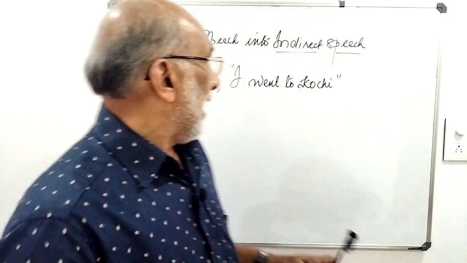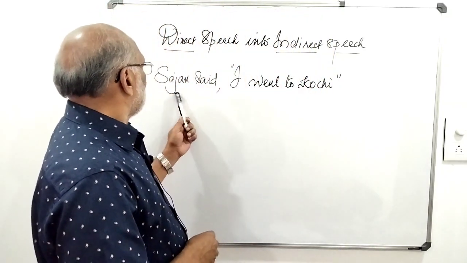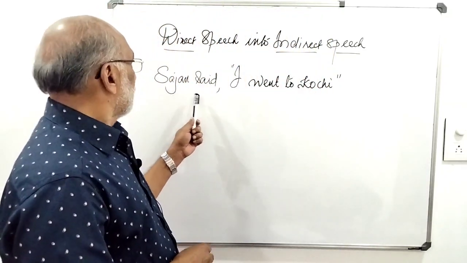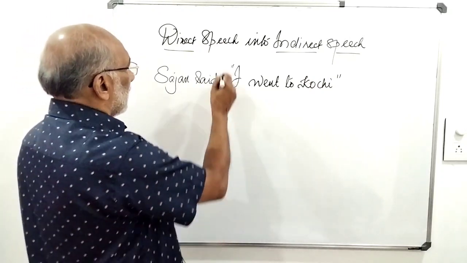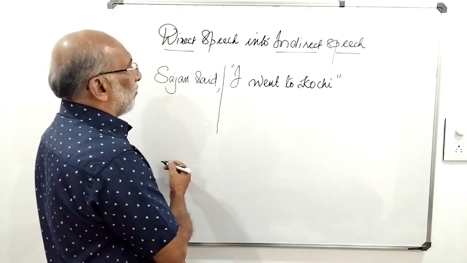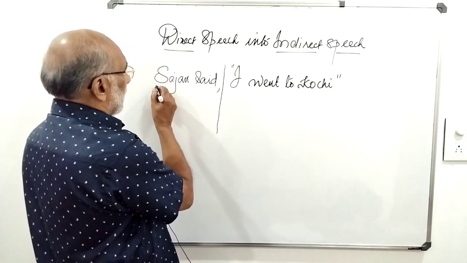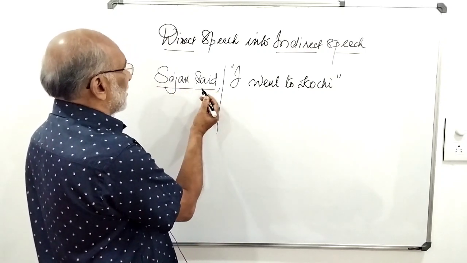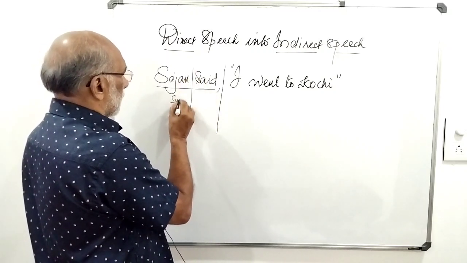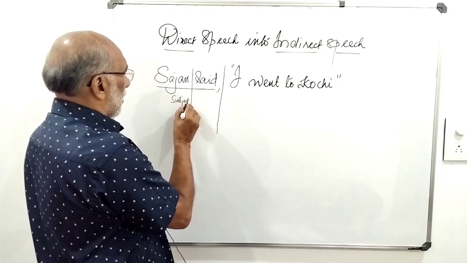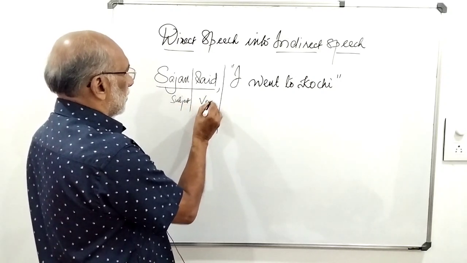See, I have written a sentence here. Sajan said, I went to Kochi. This sentence can be divided into two. The first part is Sajan said. Here we have a subject and a verb.